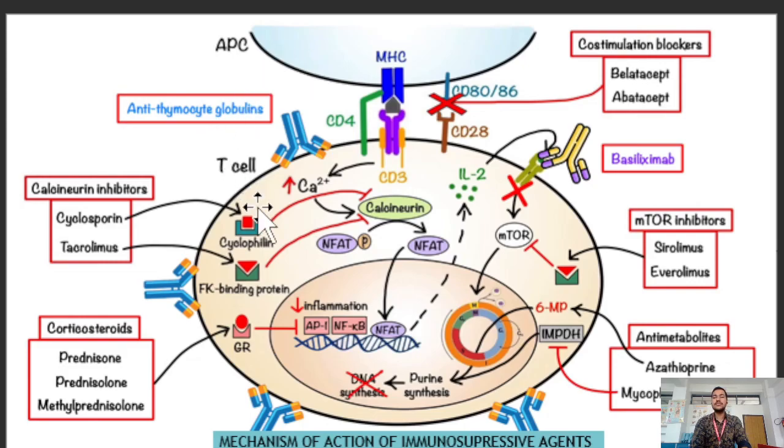As a result, the number of T cells will decrease. So these are the main mechanisms of action of immunosuppressive drugs. I hope all the concepts are clear. So thank you. That's it.